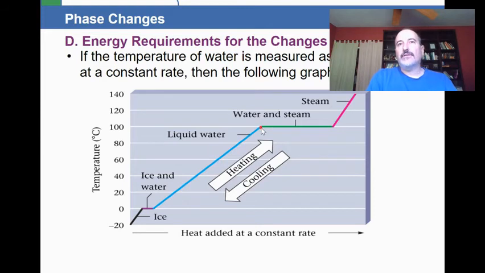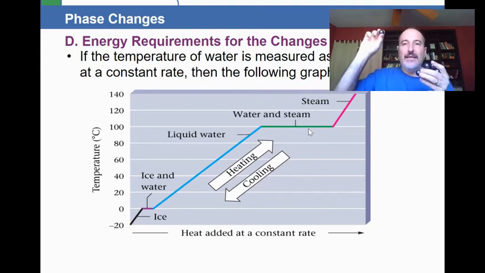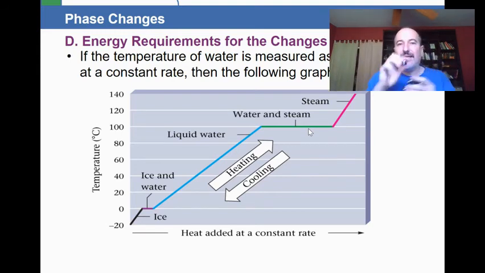Once the water starts boiling, all of the heat energy that goes into it isn't going to raise the temperature. It remains at a constant temperature. The heat energy going into it is the energy required to remove and separate it into a gas. So it still has the same amount of kinetic energy. All you're doing is separating and removing it.